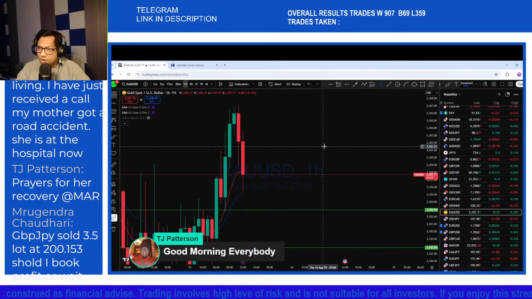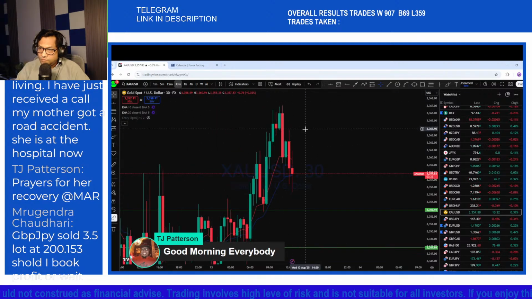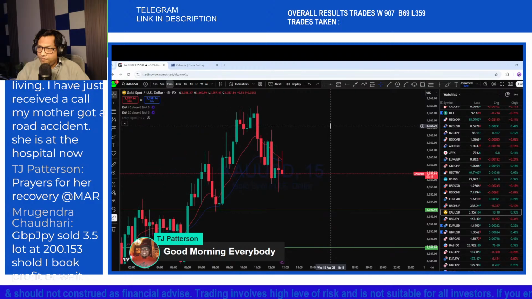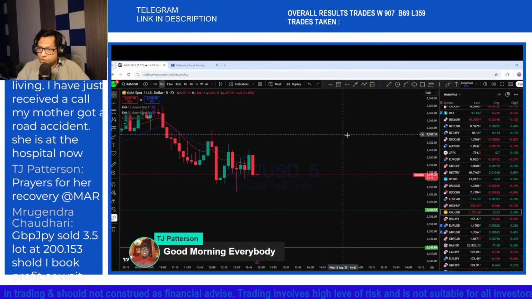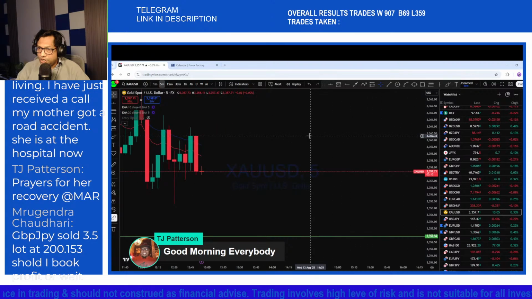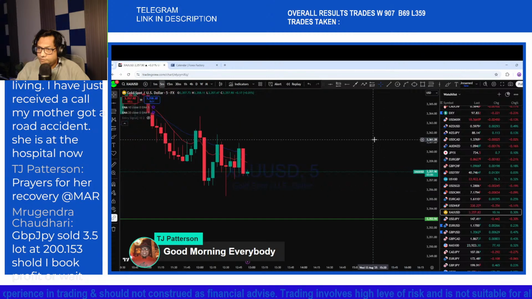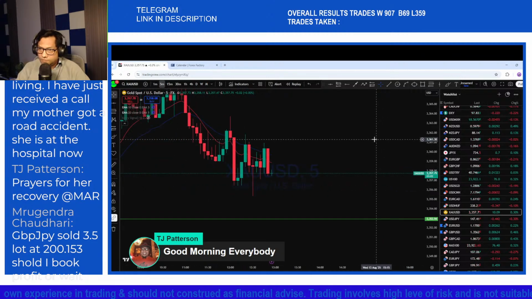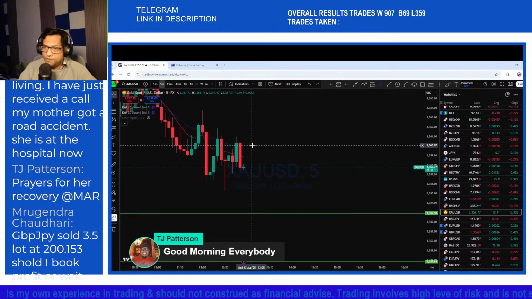There is a 1 hour candle closing up, 30 minutes doji, 15 minutes bearish engulfer, and the 5 minutes price action showing up here for a possible downtrend in this market.